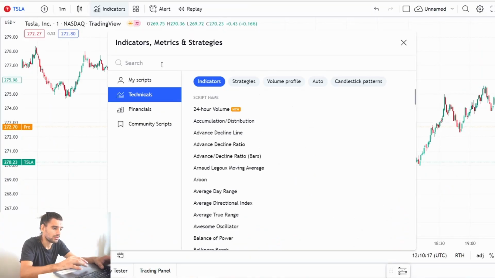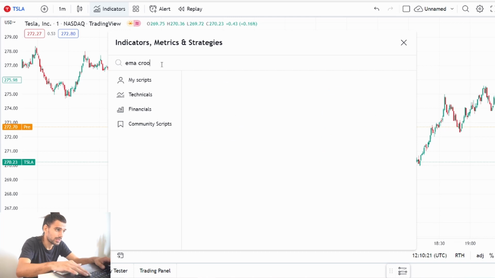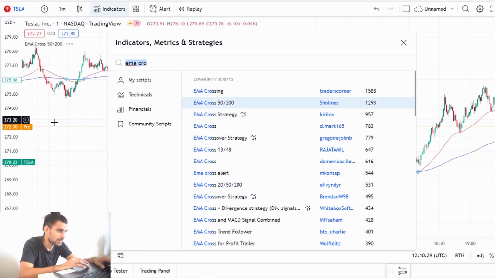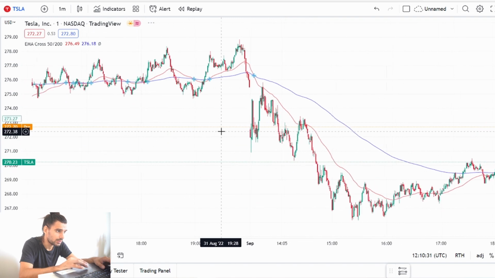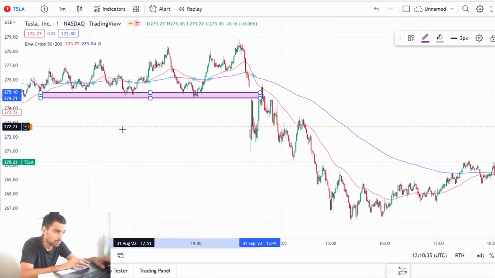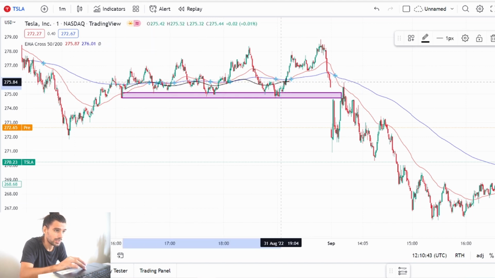So if we go here to the indicators and suddenly add some EMAs, in this case it would be the exponential moving average. You can take this one or this one, it doesn't matter. We can see here is a support line, and right at the support line we can see the moving average basically moving the same way right here.